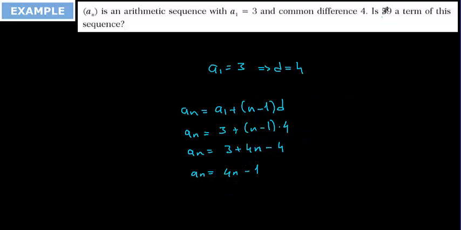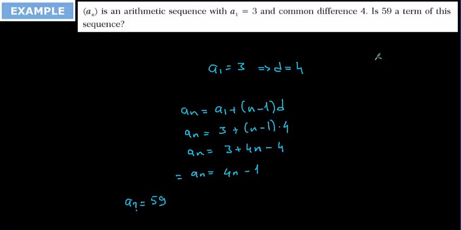If you remember from the previous lesson, we found whether 59, 17, 25 is a term of the sequence or not, by using this general term formula. We asked which term of the sequence is equal to 59.